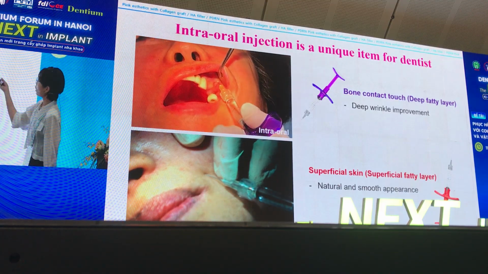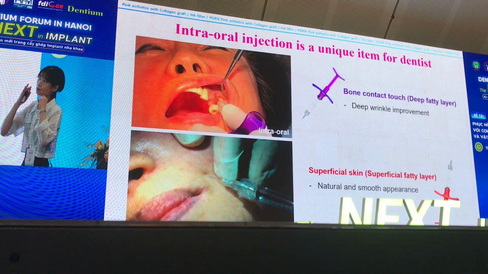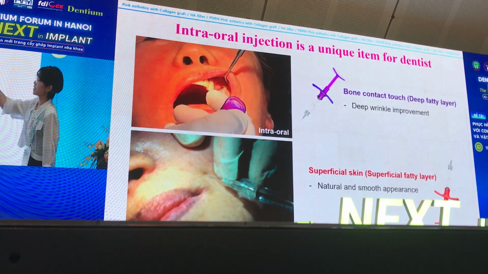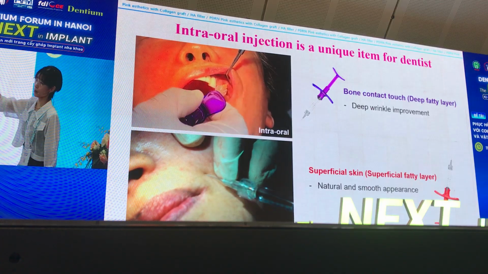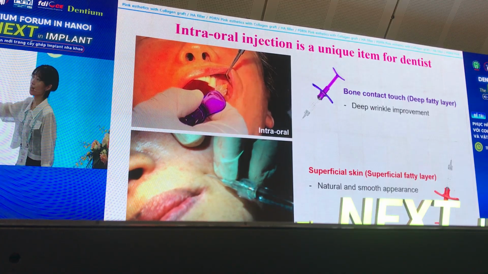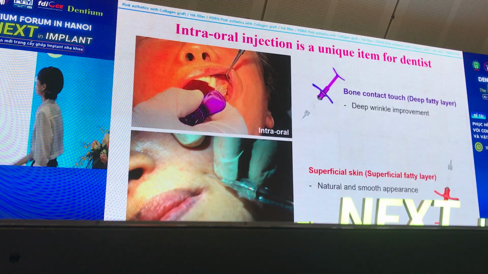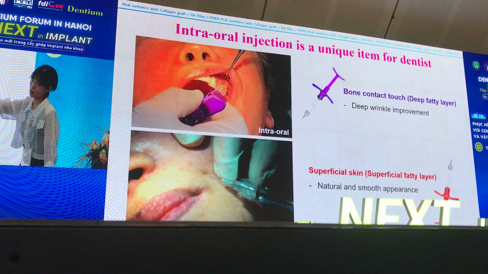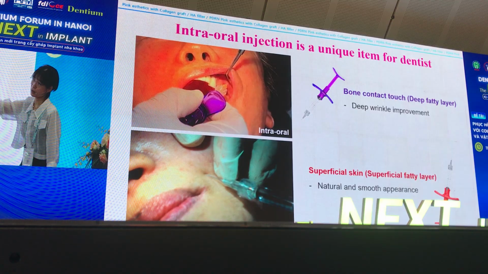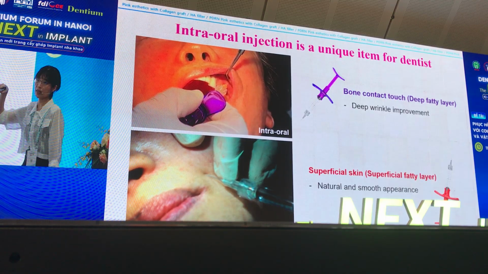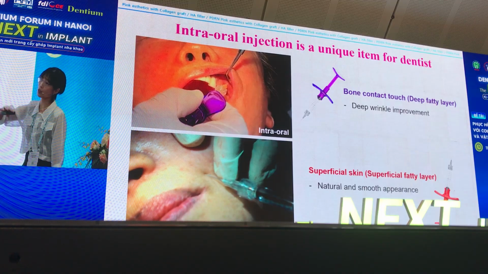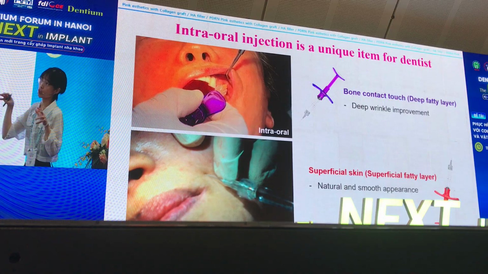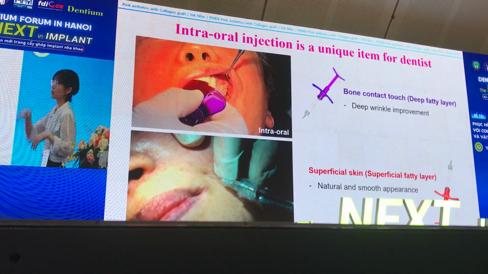In the case of the facial volume up, we apply the filler inside, usually at the location of the canine, the upper side. So you just touch the bone and then distract a little bit and then spread the filler above the bone, focusing on the deep tissues, underneath the SMAS layers.